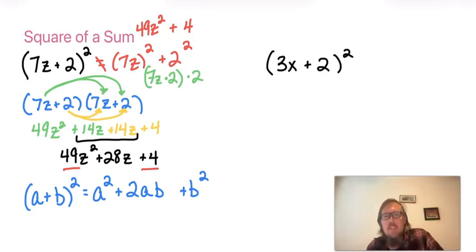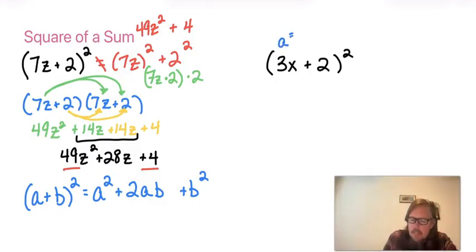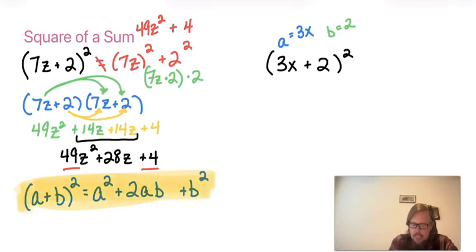So let's try this with 3x plus 2 squared, our second square of a sum here. In this case, let's first identify what a and b are. A is the first term, so a is going to be 3x, and b is the second term, so b is going to be 2. And if we follow our a plus b squared formula that I just wrote down, we take the first term and we square it.